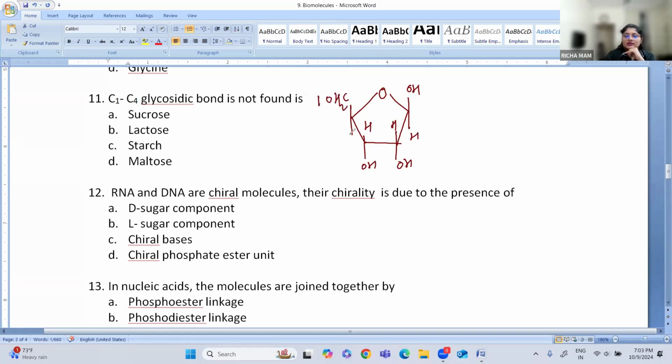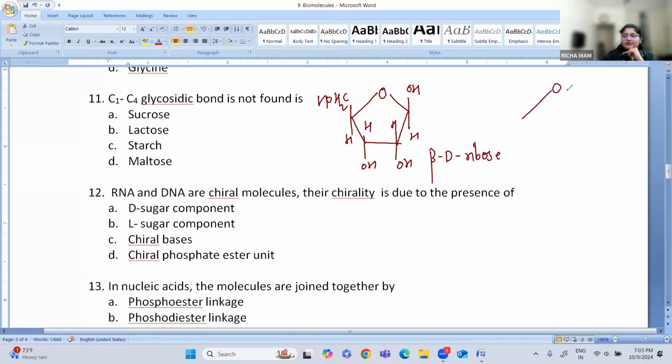Oxygen is present here. This is your beta D ribose.